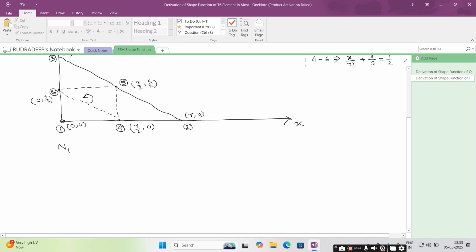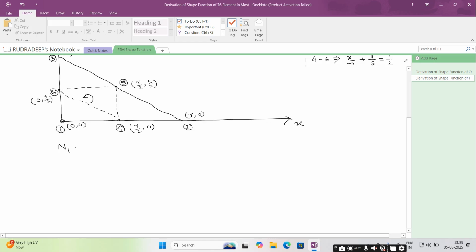So I have to take the equation of this line and the equation of this line. These two equations will touch all the remaining 5 points except point 1.